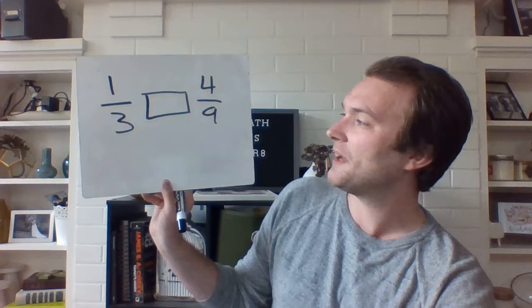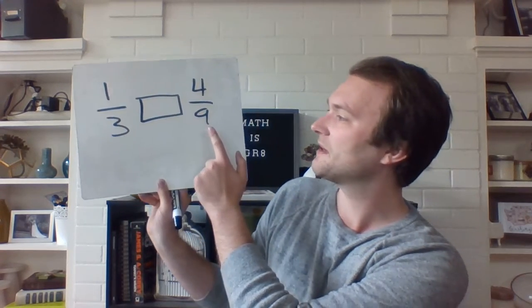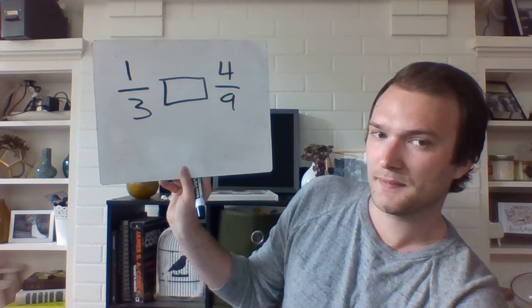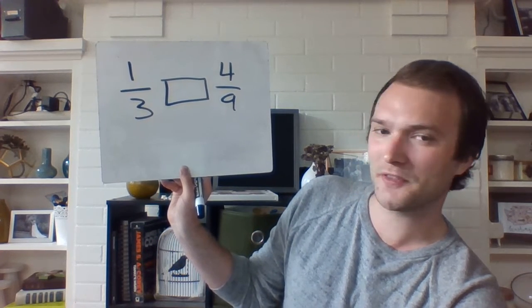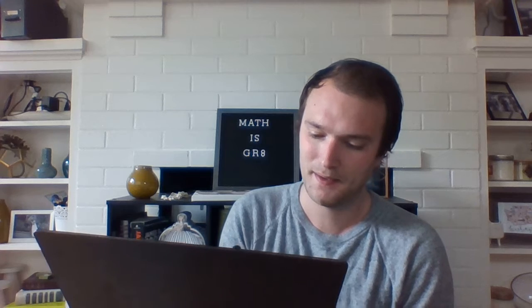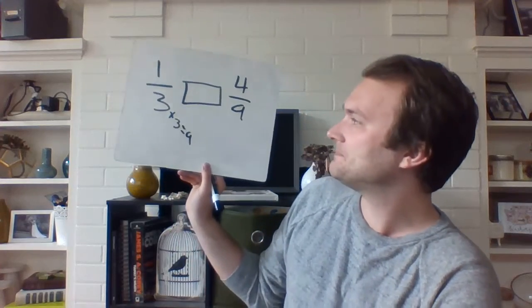I can multiply this number by a number to get that number. Some of you already know, some of you are thinking. Yeah, so if I multiply 3 by 3, that'll get me 9.